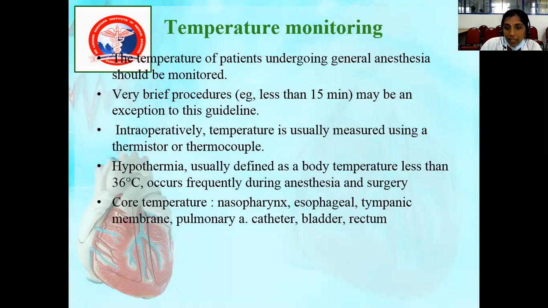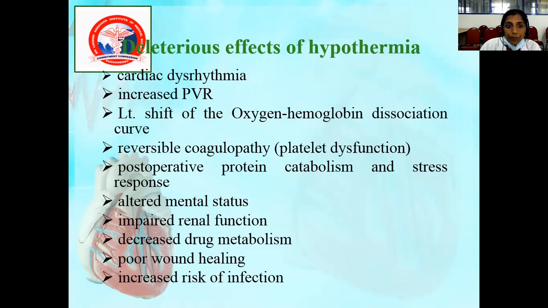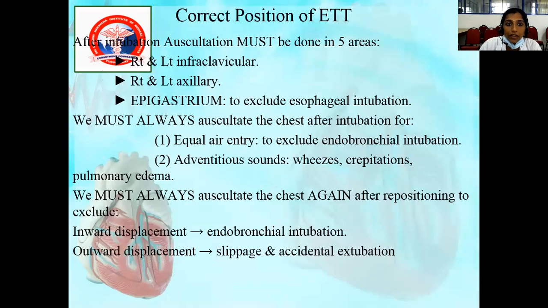It's the nasopharynx, the lower end of the esophagus, tympanic membrane, by using a PA catheter, in the bladder, and in the rectum. The main aim is to prevent hypothermia and to treat it, because hypothermia will lead to a dangerous triad of cardiac arrhythmias, sepsis, and coagulation defects. So it is important to detect it in time.